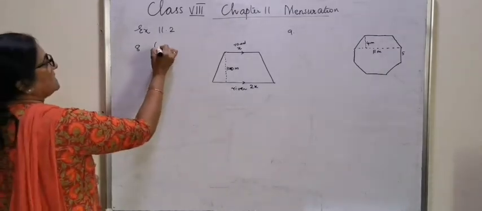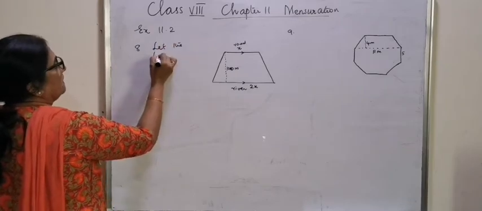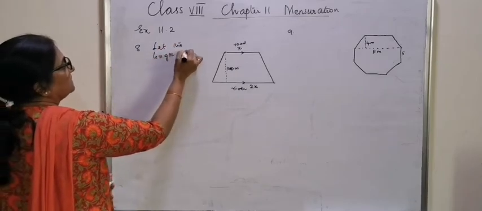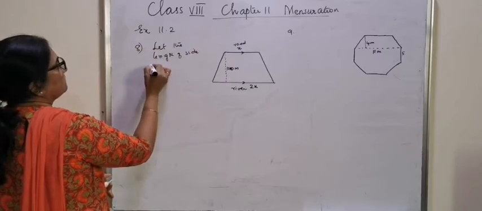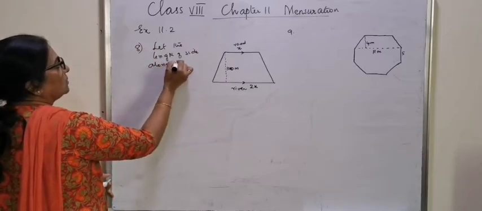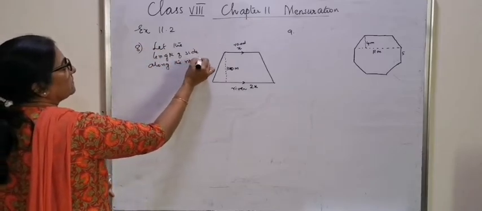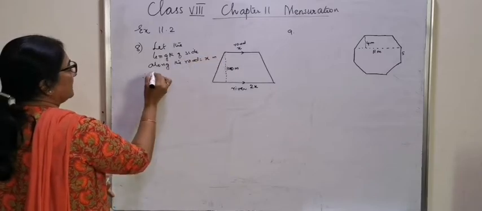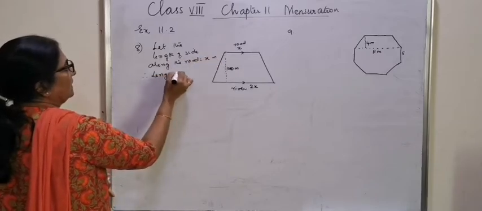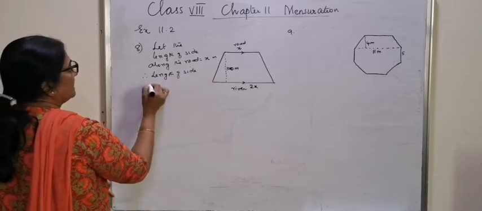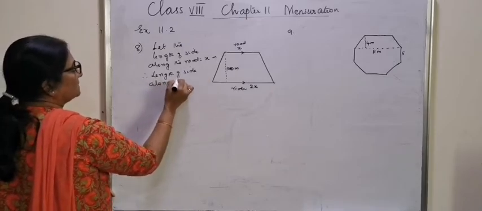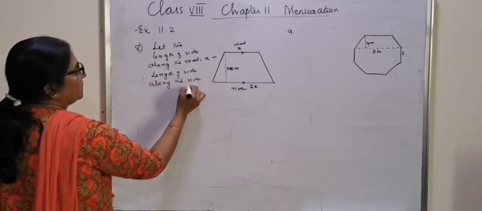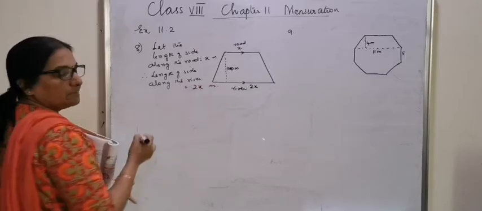So let's take it as, let the length of side along the road be x meter. Therefore length of side along the river will be 2x meter.